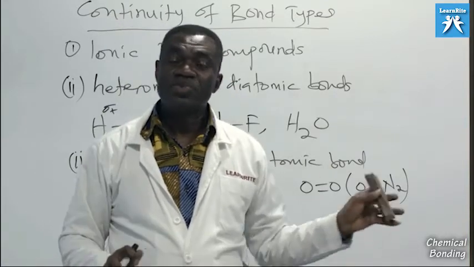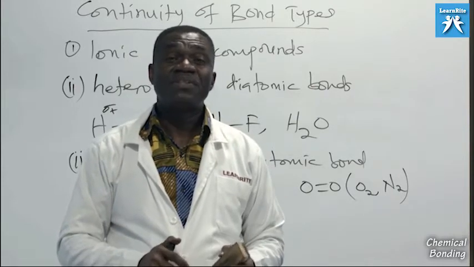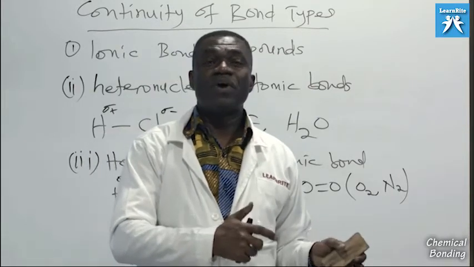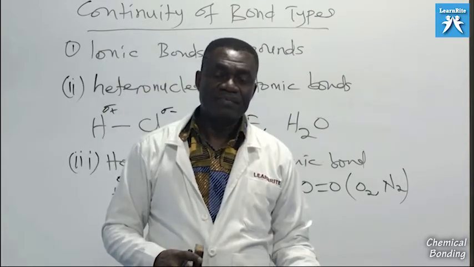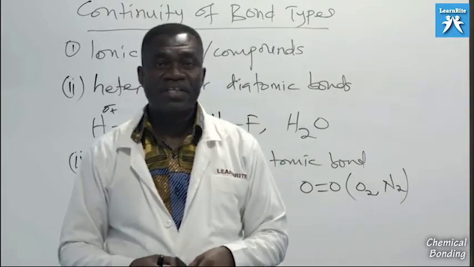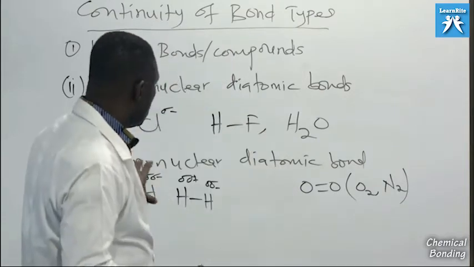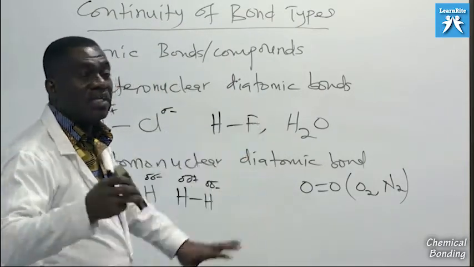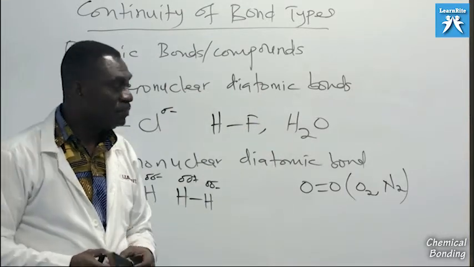So at all times they have a permanent dipole, because at all times the electron cloud or electron pair will be shifted more onto the more electronegative atom than the other. And so that permanent dipole brings in some ionic characteristics, because there will be some kind of electrostatic force of attraction in there. So all such polar compounds or molecules cannot be 100% covalent.